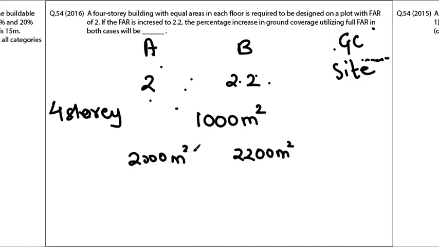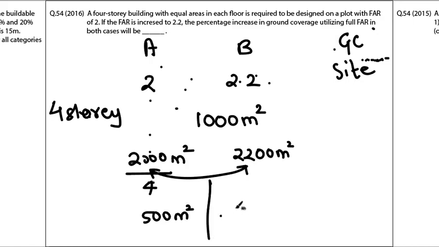So this is the fully utilized area in both, and we have 4 stories. Each story will be 2000 divided by 4, which will be 500 meter square in case 1, and 2200 divided by 4, which will be 550 meter square in case 2. Now I am getting 50 meter square additional area in option B than in option A. So what is the percentage increase?